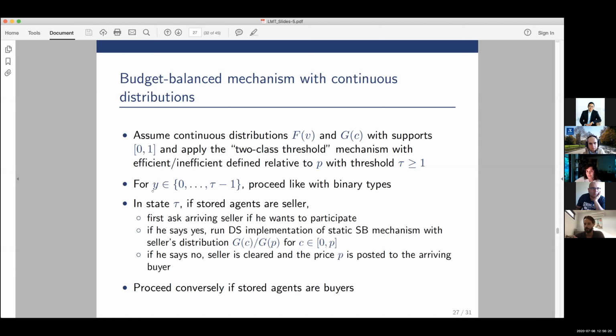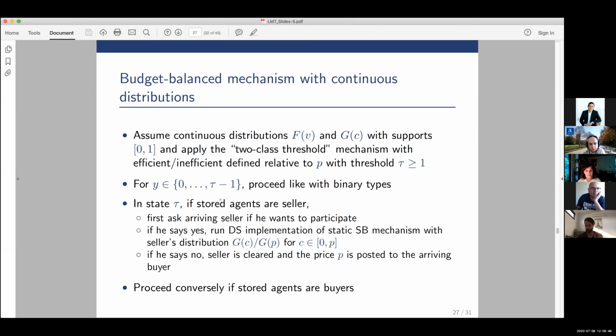So the only complications arise in the state tau. Before, in the binary setting, I can just set a price equal to either V lower bar or C upper bar and then execute that suboptimal trade. And now with the Myerson-Satterthwaite problem at hand with continuous types, that is not that straightforward.